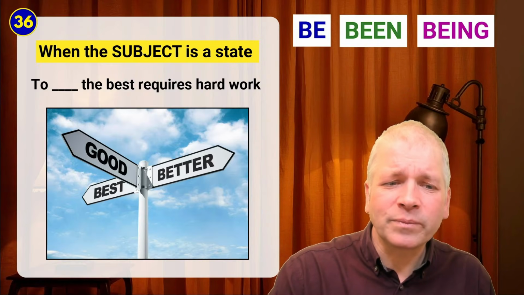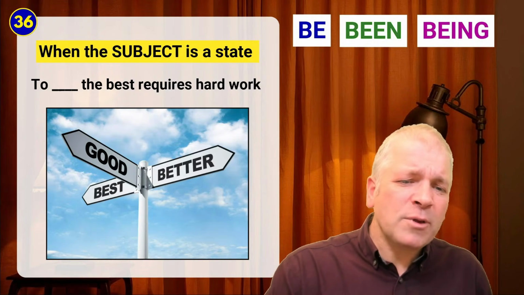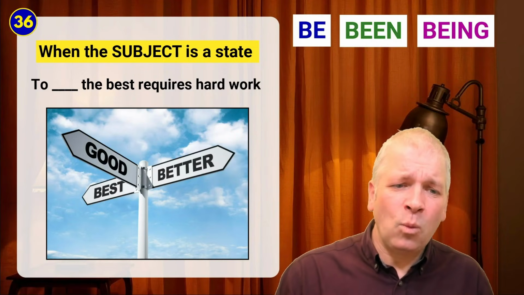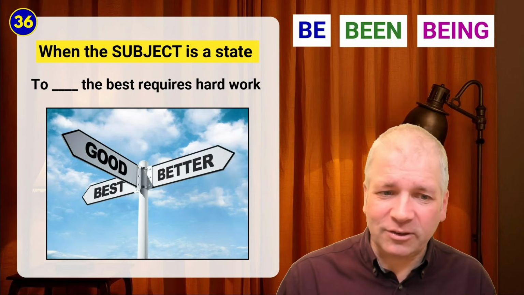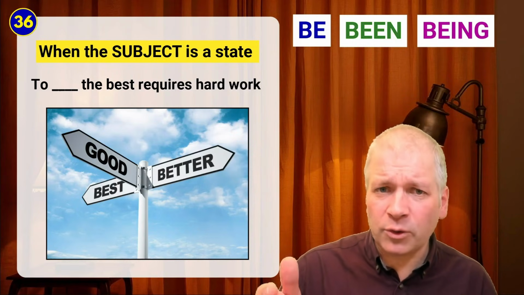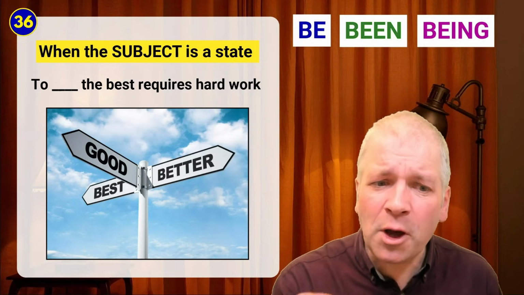Now let's look at be when we use it in a noun form. Sometimes we use be in a subject position when the subject is a state. So, to something the best requires hard work. Requires is the verb here.